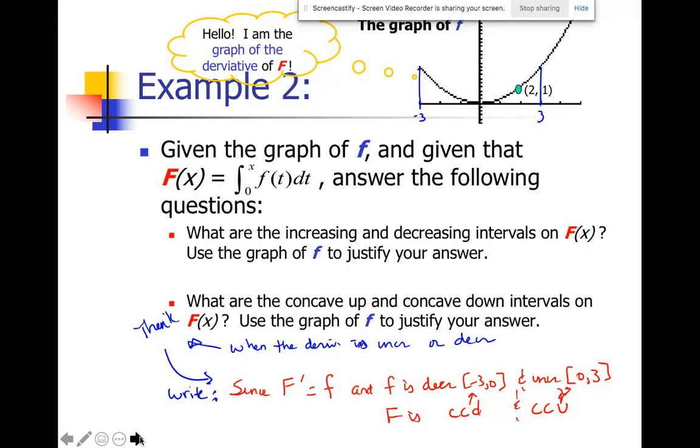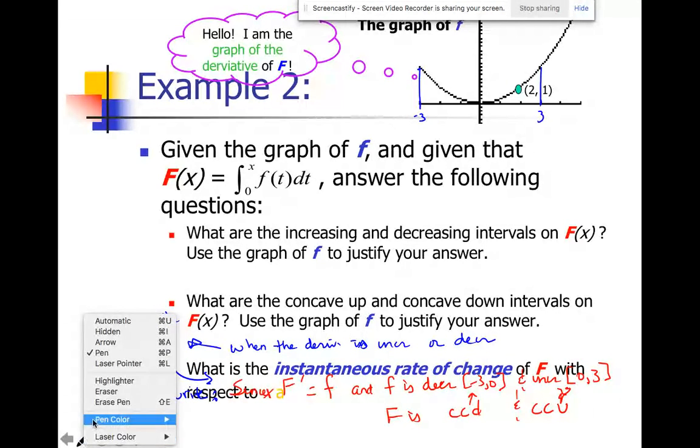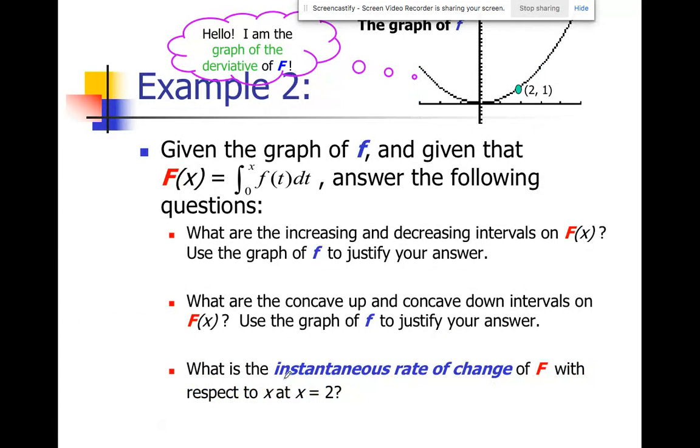Hello, I'm the graph of the derivative, right? I can't make that big, right? I keep changing colors, just so that you know you are looking at the graph of the derivative. Look at this nonsense. What is the instantaneous rate of change? What does that mean? Instantaneous rate of change. What D word does that go with?